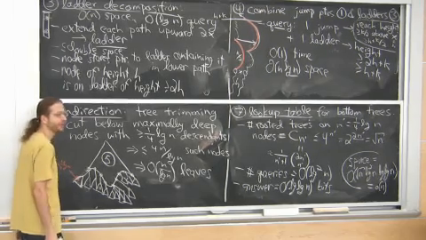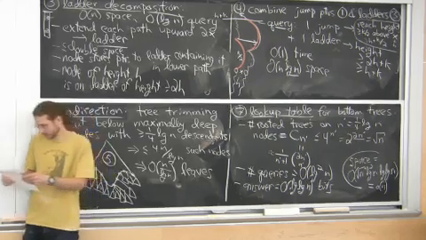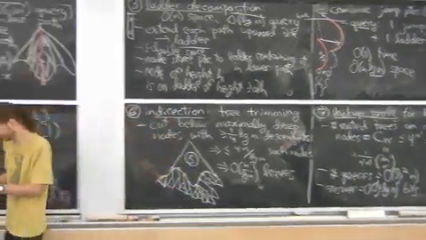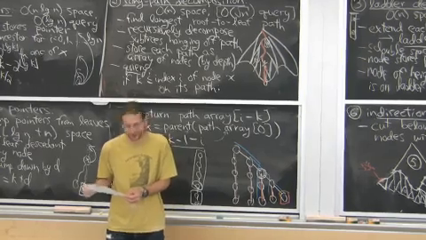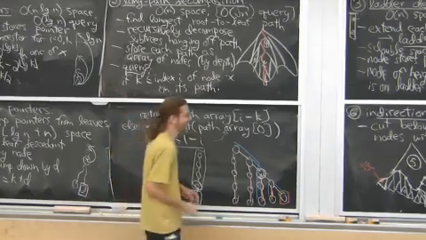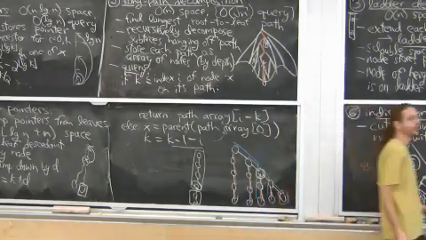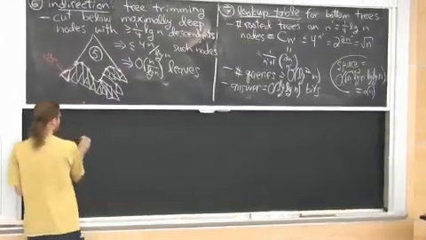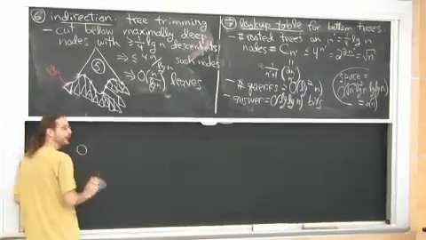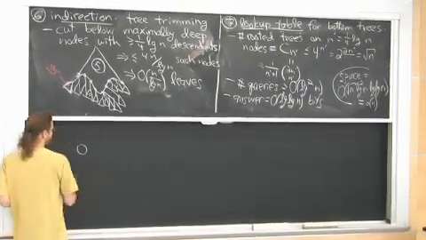Any questions? I have an open question. Maybe. I think it's open. What if you wanted to do dynamic? 30 seconds of dynamic. For LCA, it's known how to do dynamic LCA with constant operations.